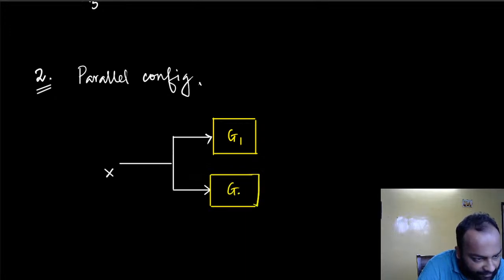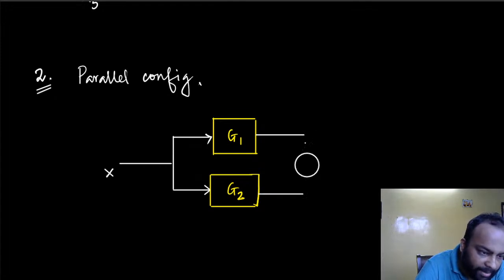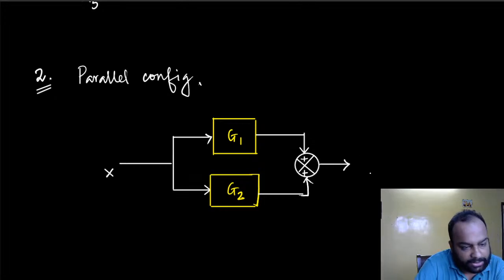So I essentially have G1 and G2 receiving the same input signal X, and their outputs are summed up by a summing block, and this is the output. So this is Y.